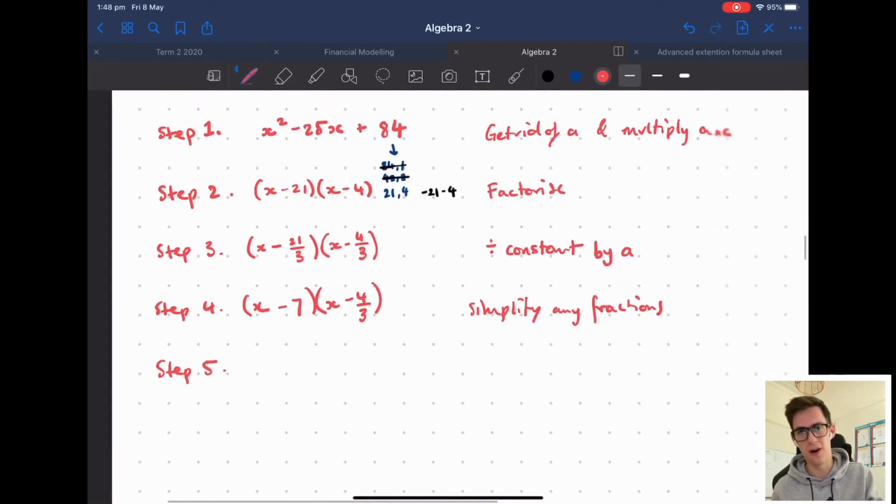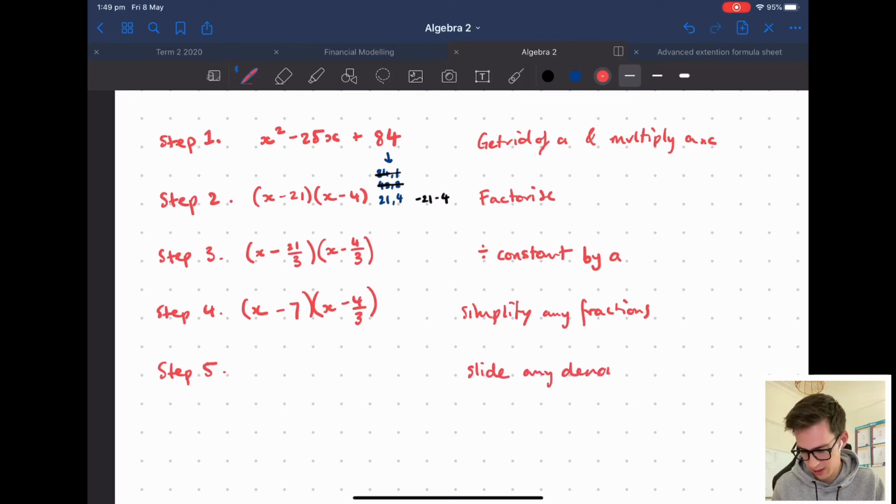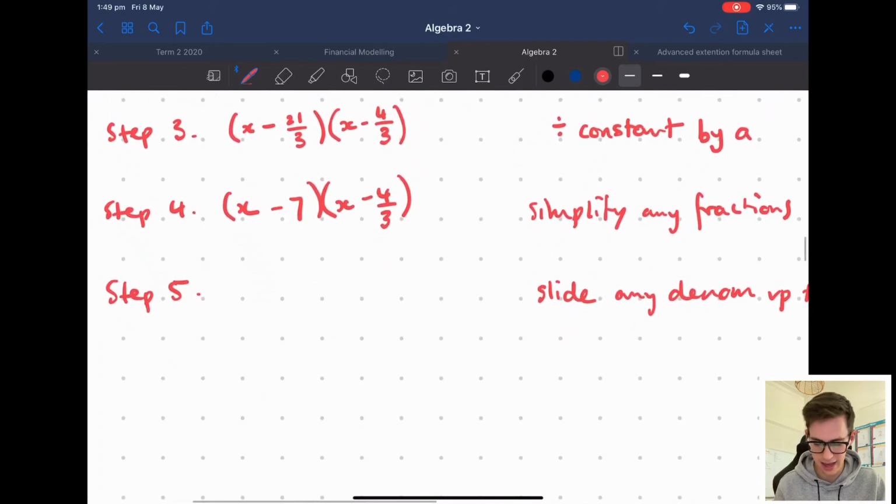Now step 5, okay, so far we multiplied A to the end, we factorized like normal, a little bit tricky, but we got there. We divided the constants by that A that we multiplied by at the start. And then at this point, we just simplified any fractions we could. Now we're going to do the slide. So we are going to slide any denominators up to their x value.